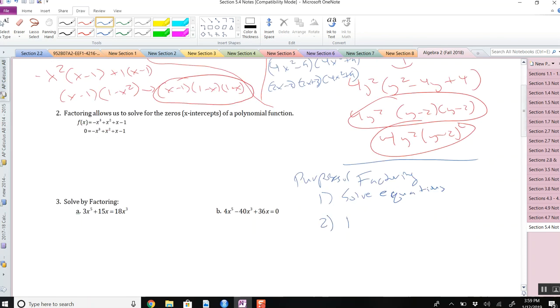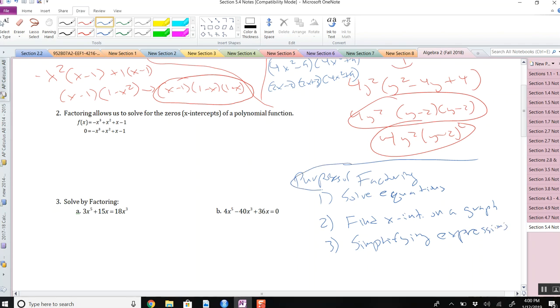Another purpose is to find x-intercepts on a graph. And also for simplifying expressions. Those are 3 purposes for factoring. So it's a very essential technique as we move on to more advanced math skills. That's why we're reviewing this here.